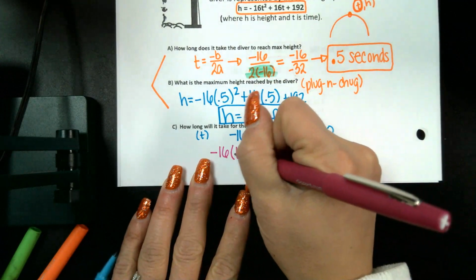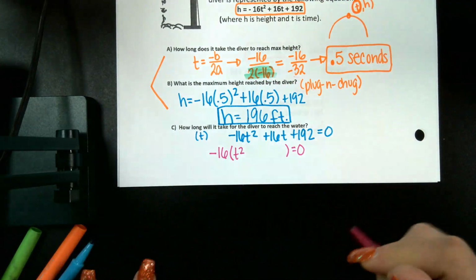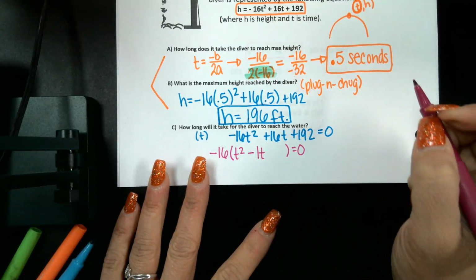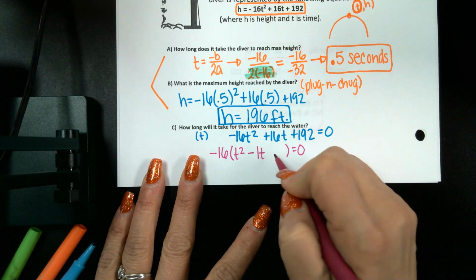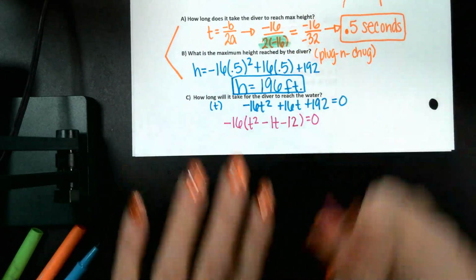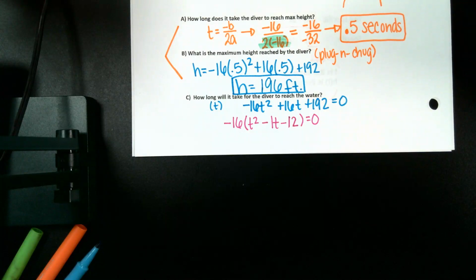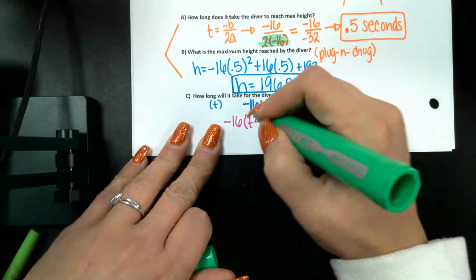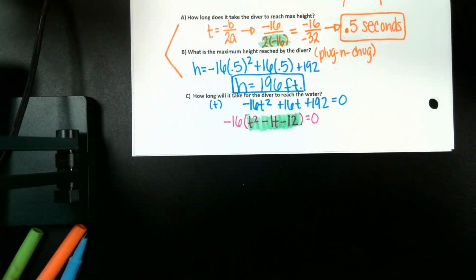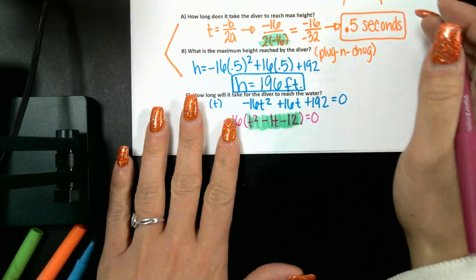So t squared, then what? Minus 1t. Minus what? 12. Yep. That's dividing everything by -16. And now that that -16 is gone, we have much easier numbers right here. We've got a -12 and a -1 that's going into the asterisk.